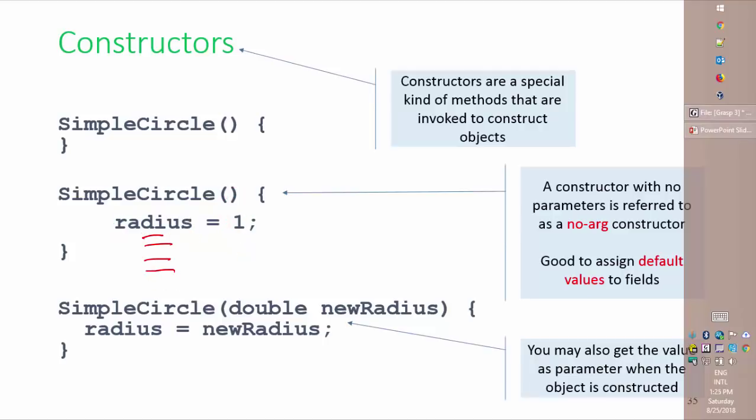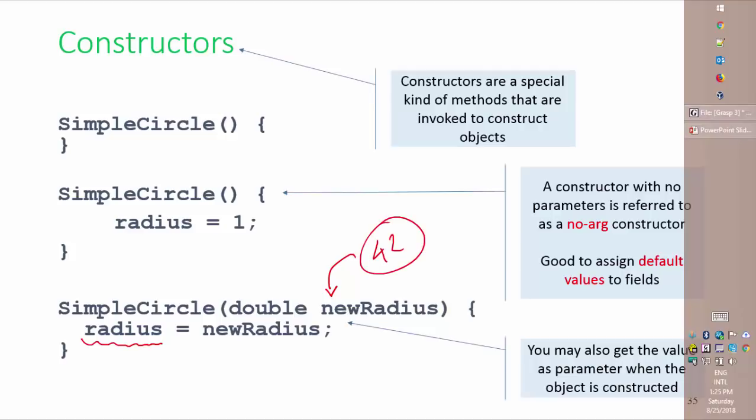Still basic stuff. And then just a tiny bit more complicated. Sometimes you want to specify what the value of, for example, the field radius in your SimpleCircle object is at the very moment you create that object. So you create a new object of class SimpleCircle and you want to say this one is going to have a radius of, I don't know, 42. So you need a way to pass this value.